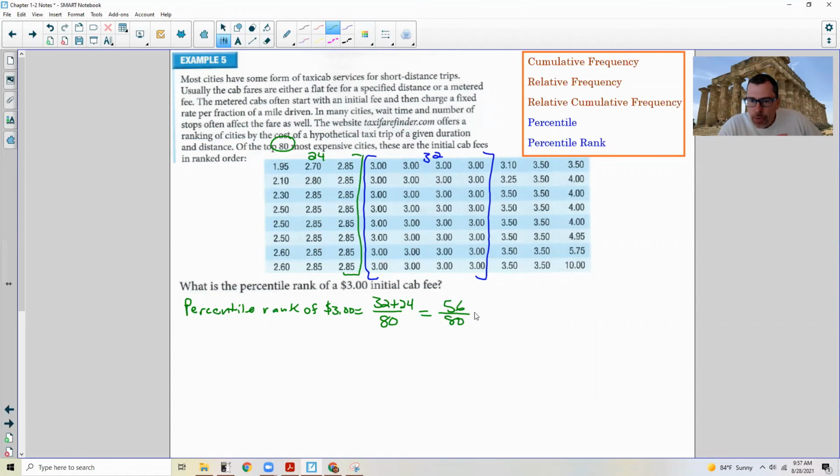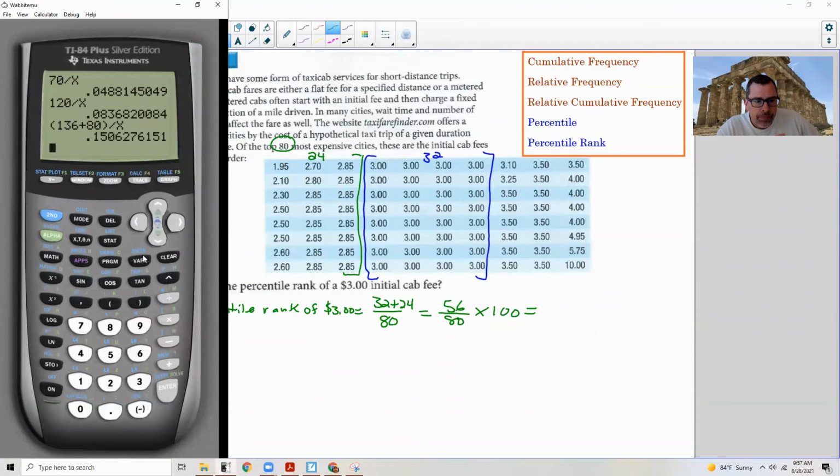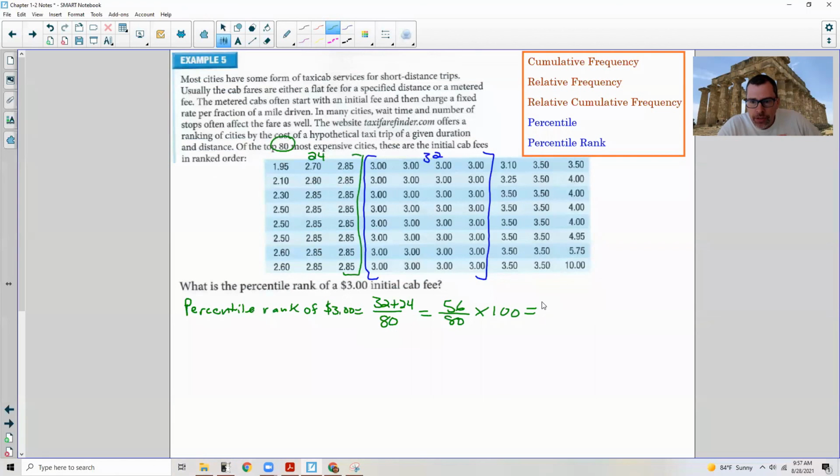Okay, and then I want to multiply that by 100 to get a percent. So if I go to my calculator, 56 divided by 80, what is that? 0.7. Multiply that by 100, which moves the decimal 2 places to the right, and that would give me 70.